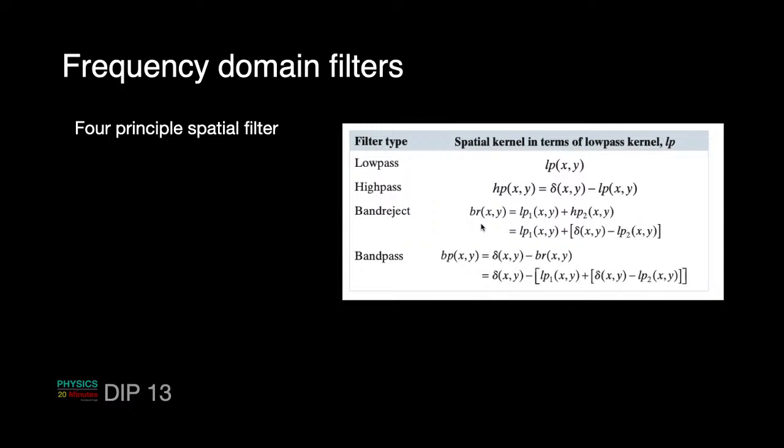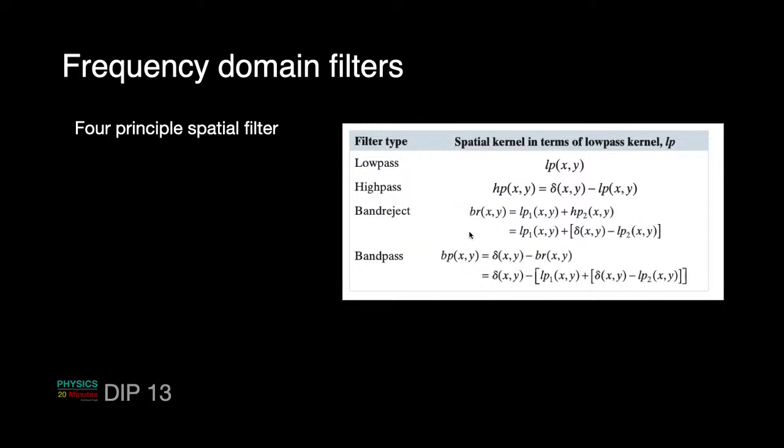So you take an LP and an HP at two cutoff frequencies and add them together. When you simply add them together, you will get a band reject filter, as we have seen. You can substitute for HP this expression, and you will get a band reject.